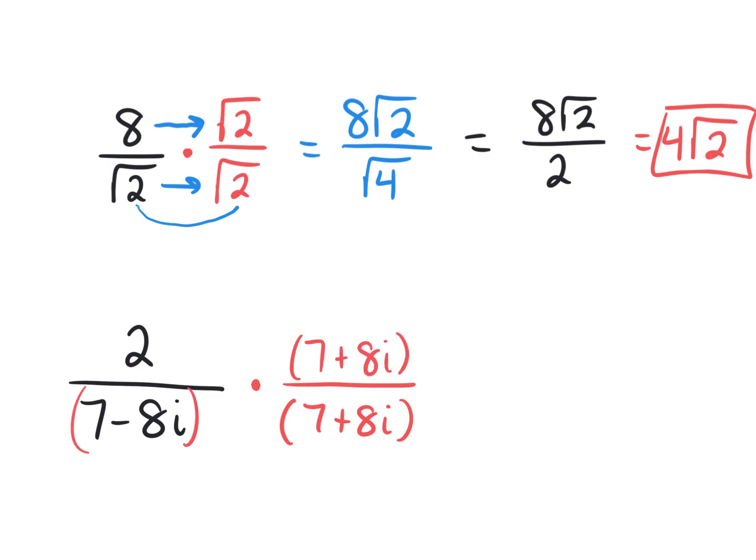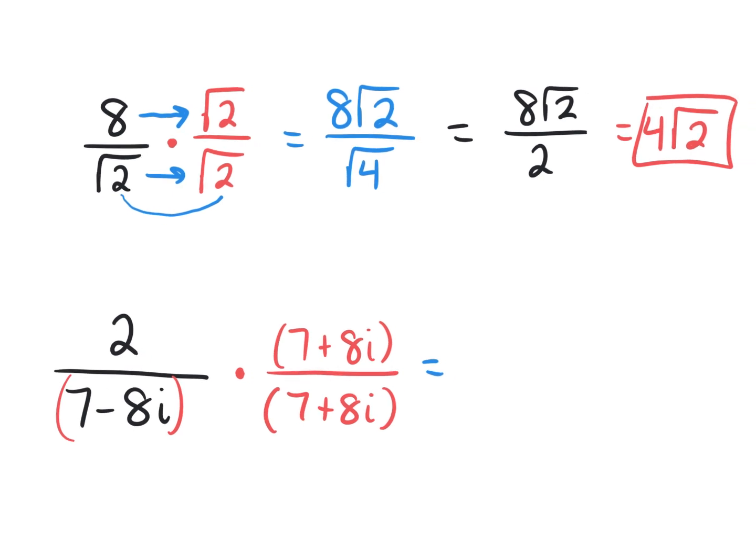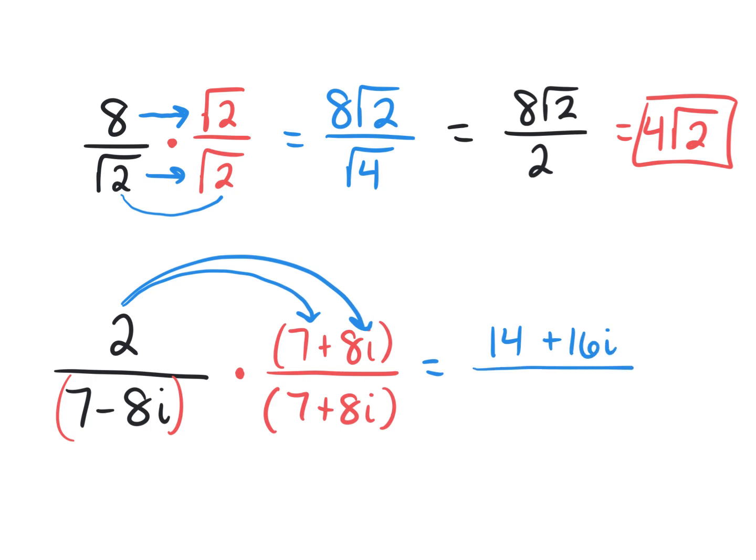Okay? So we're going to simplify here. This is multiplication. So this 2, I'm going to take 2 times 7, which is 14. And then 2 times 8i, which is 16i, divided by, now we've got to do some foiling on the bottom. What is 7 times 7? 49.